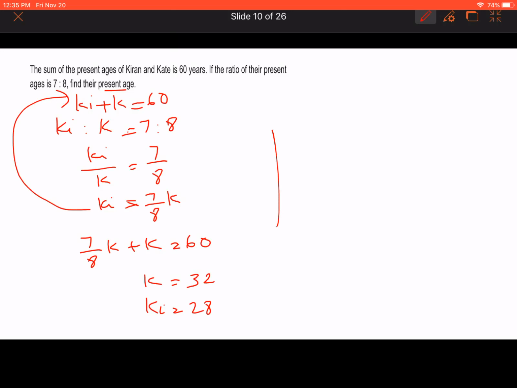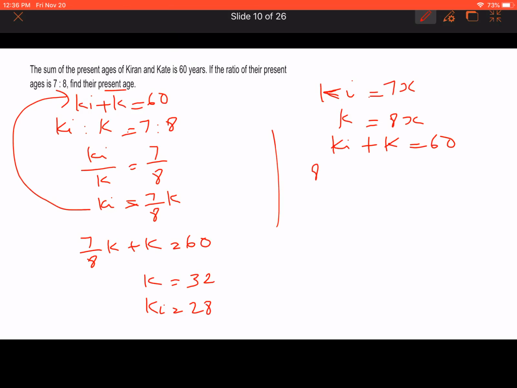There is also another way of doing. Kiran's age and Kate's age is equal to 7:8, right? So Kiran's age, we can just mark it as 7x, and Kate's age, we take it as 8x. So now we know that Kiran and Kate's age is equal to 60, it's already given in the problem.